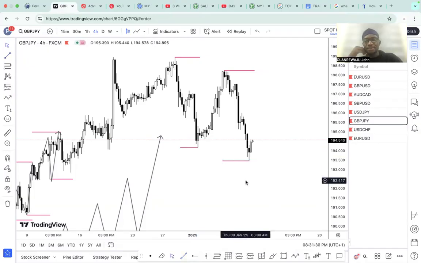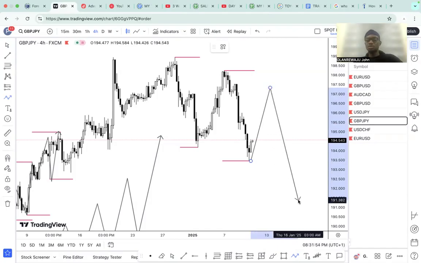As a trader, since I've taught you the nature of the market, what should you be waiting for? Number one, we have to confirm the trend. The trend is a downtrend. Number two, what am I waiting for? I want to wait for the market to do its thing, which is to come back to create a new lower high, just like it did here, and then join the market to go and create a new lower low.